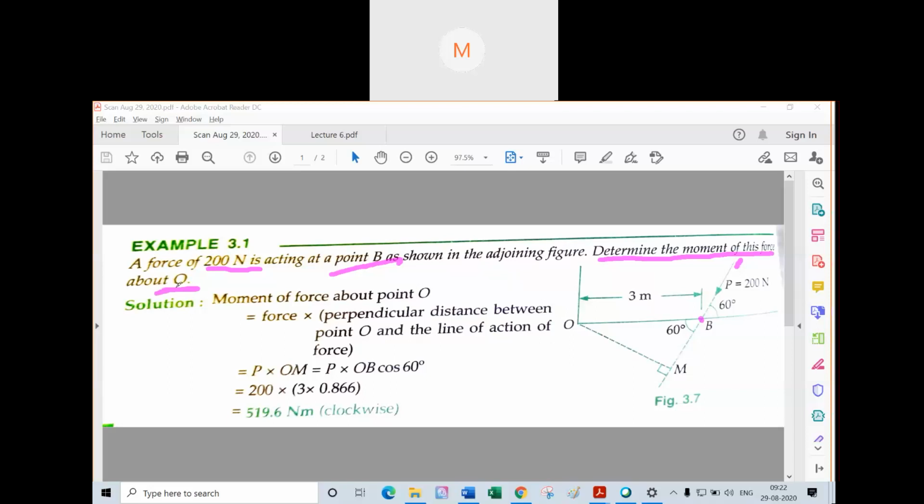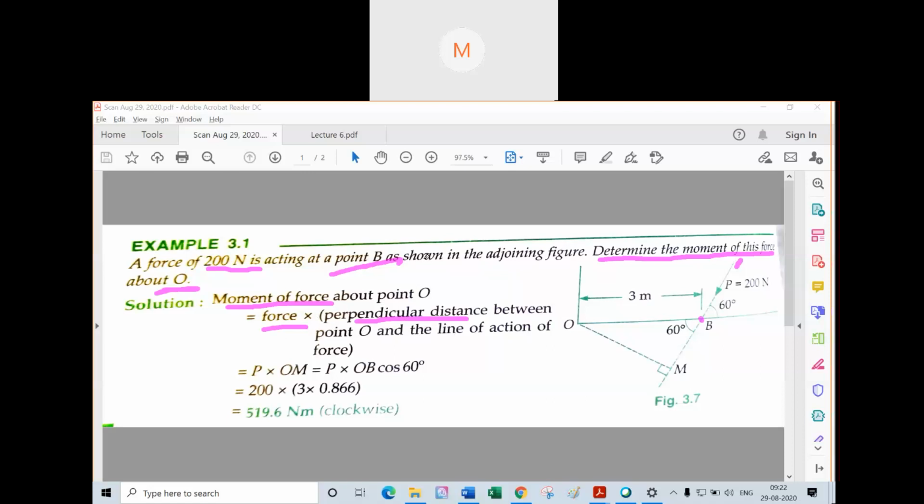Now look, we have discussed the moment of force is force into perpendicular distance, right?